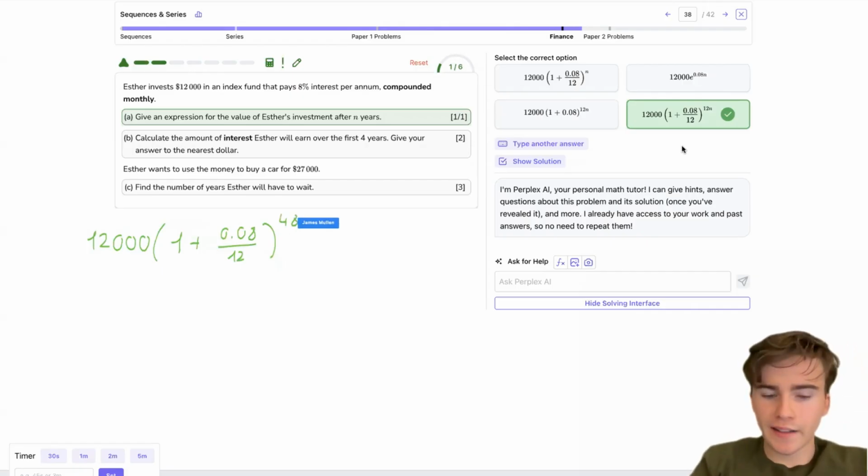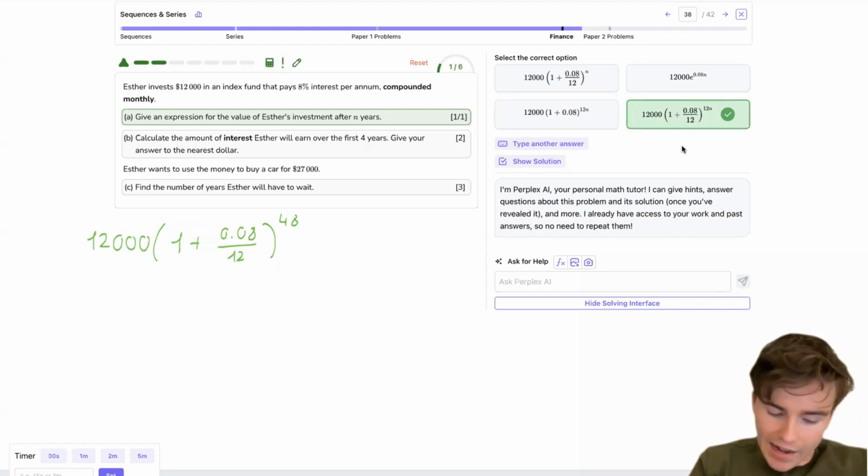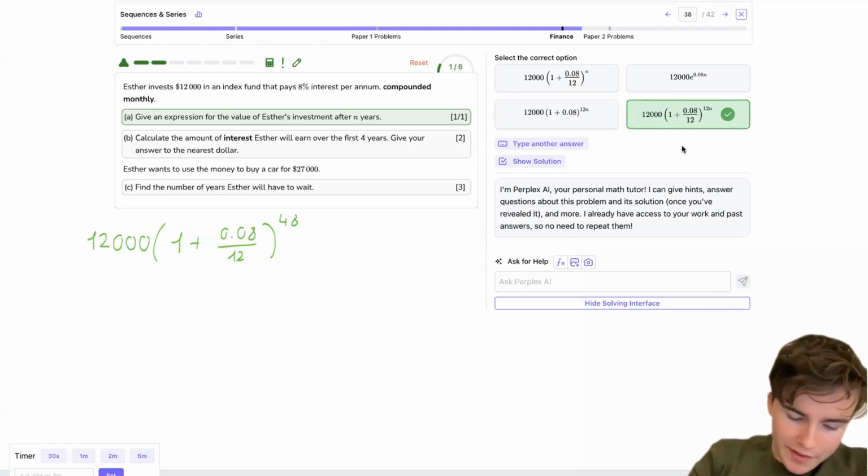This you have to do with your calculator. So 1 plus 0.08 over 12. That gives me 1.00666 recurring. I put that to the power of 48, and I get something like 1.375666. And I multiply that by 12,000, and I find that she will have 16,507.